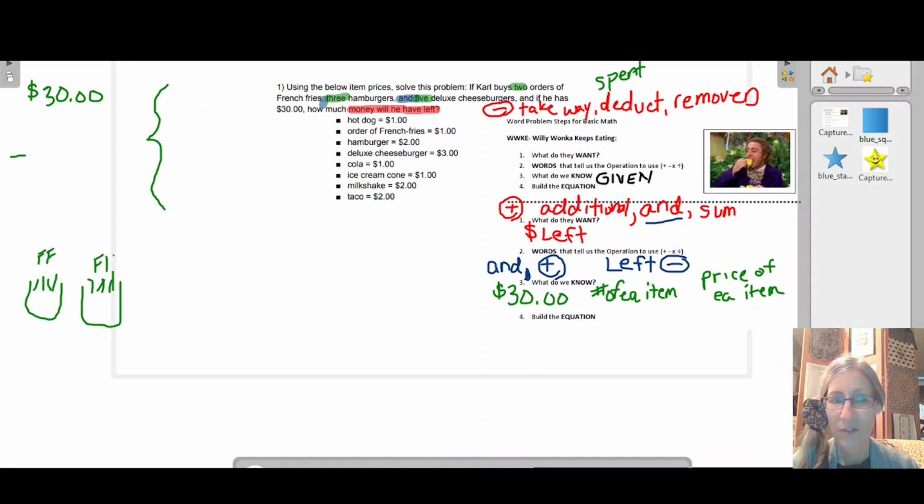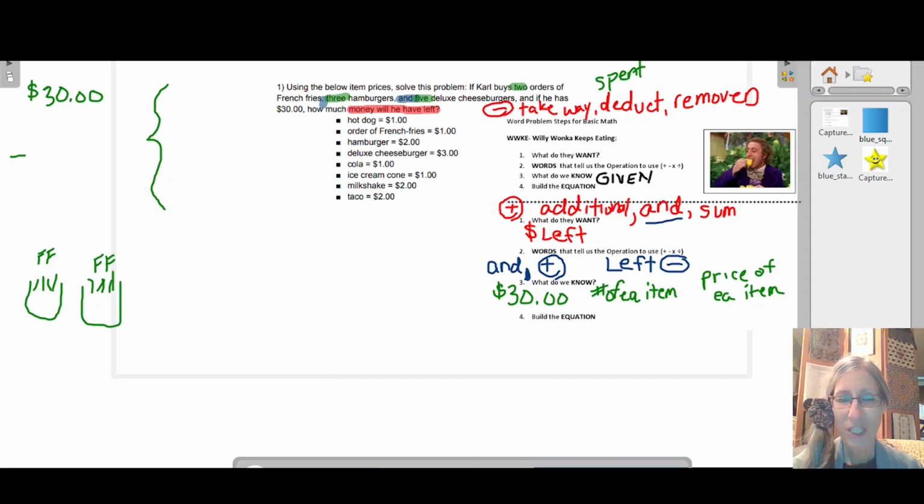Here's another order of French fry. And they said that each of those orders was how much money? Yes, $1.